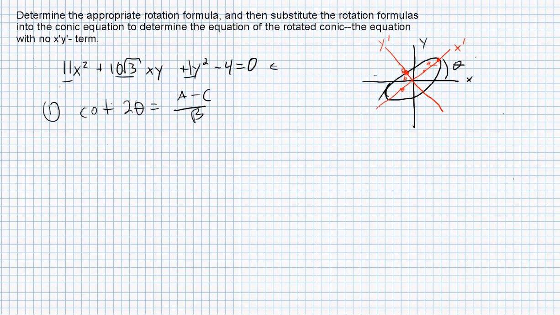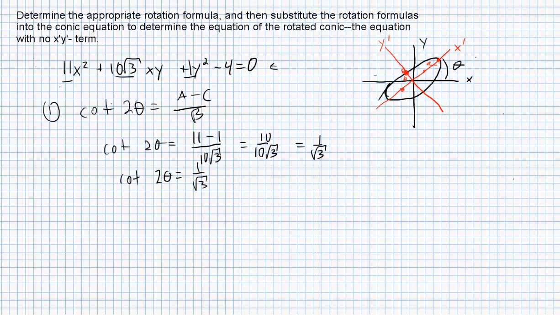So cotangent of 2 theta is equal to 11 minus 1 over 10 rad 3. That's equal to 10 over 10 rad 3, which is equal to 1 over rad 3.